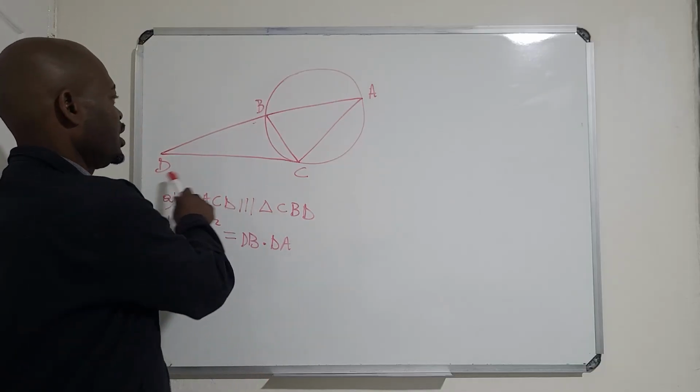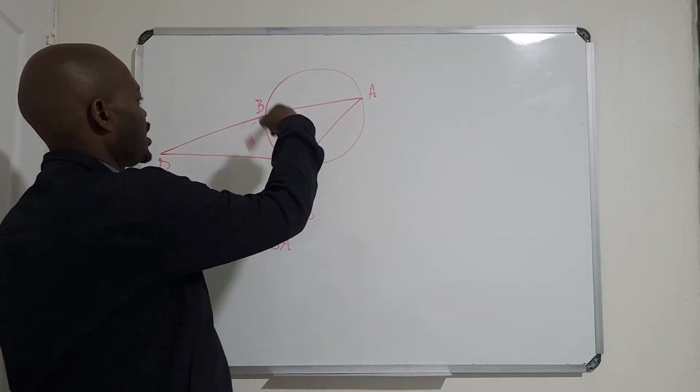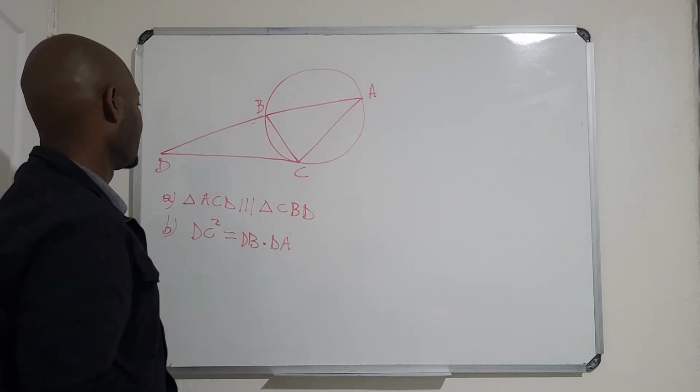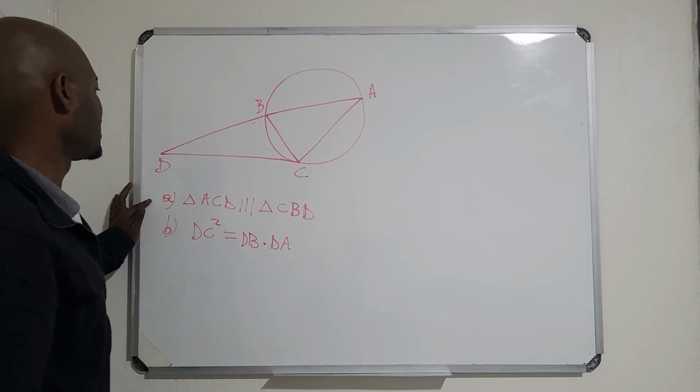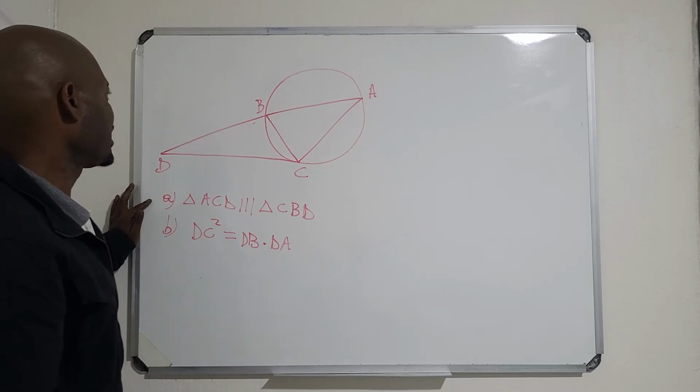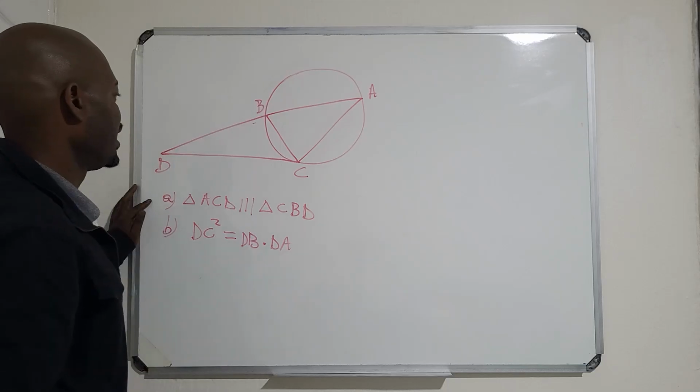Here we are told that DC is a tangent to the circle at C. Now we are told to prove that triangle ACD is similar to triangle CBD.